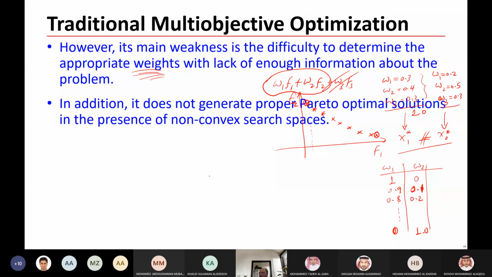Am I right? Hakami, do you have a question or answer? I have an answer. It should represent the fitness for me. It is my objective at the end. Yes, this is the objective. But W1F1 plus W2F2, as an equation, represents a straight line. Am I right?